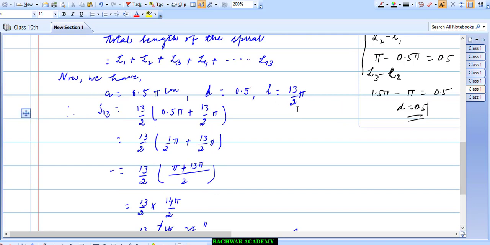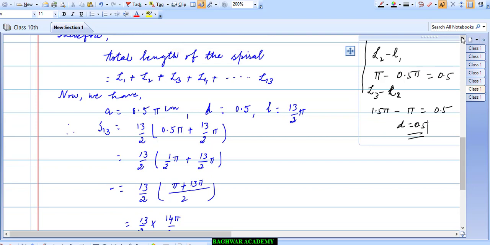Now L, the last term L13, is 13 by 2 pi. So A we know, L we know. Finally we need to find the total length of the spiral, that will be S13, because the number of terms is 13.